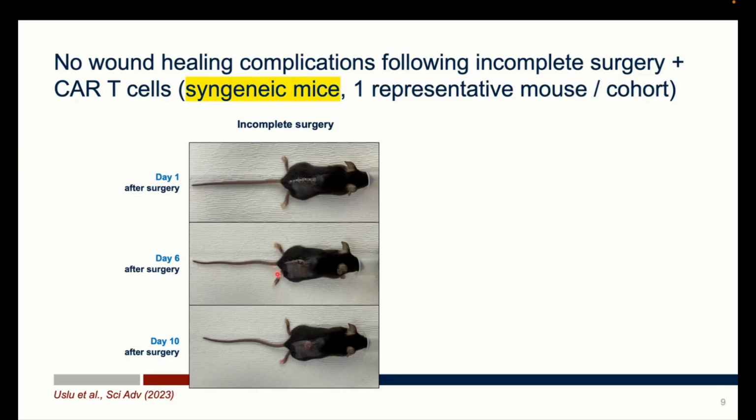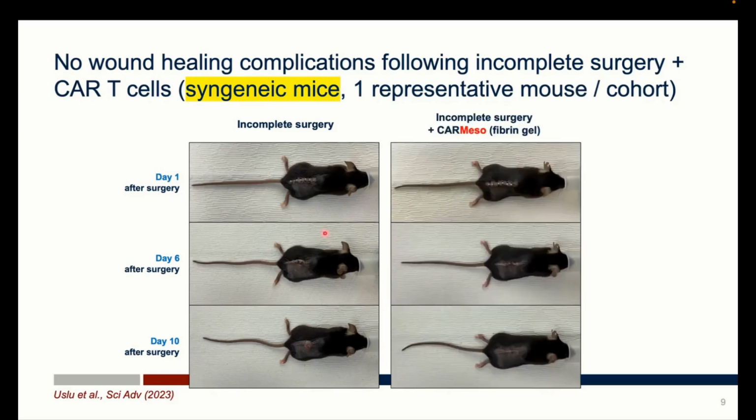At day 6, when we removed the surgical clips, it was a similar picture, no signs of wound healing complications. Also, a few days later, there were no signs of any redness or swelling. You can see here that the tumor regrows, so that was because we only removed 75% of the tumor. That means that the 25%, which is still in that mouse, will of course relapse and regrow.